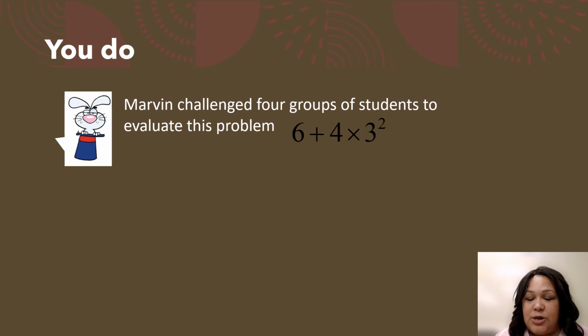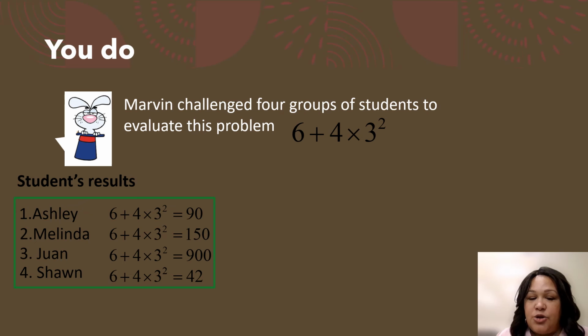All right, so this is going to be a you do activity. I want you to work with your group members. When I say go, you're going to have 10 minutes to work in your groups. Group A will have number 1, Group B will have number 2, Group C number 3, and Group D number 4.